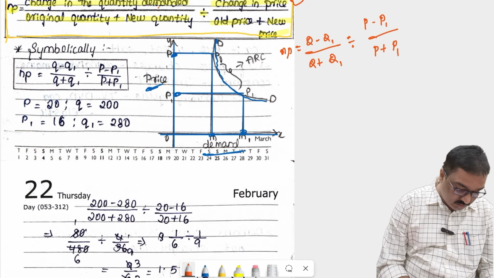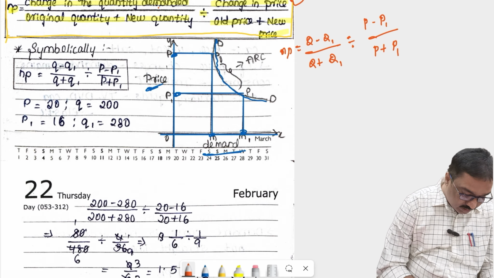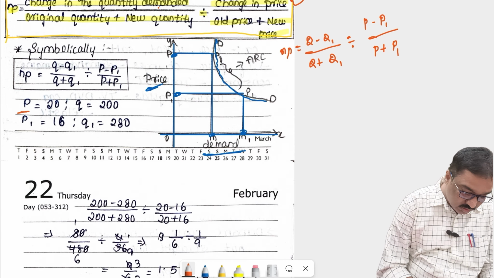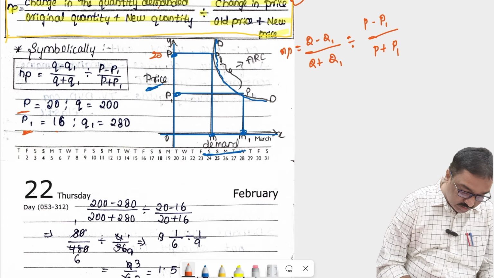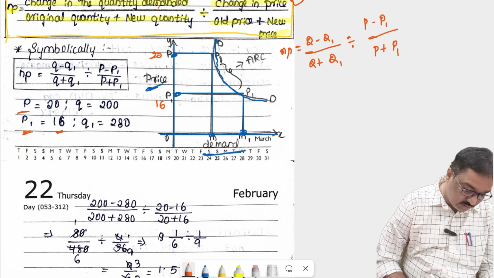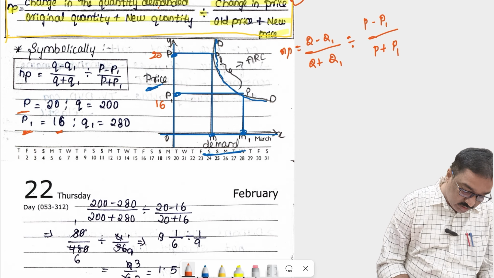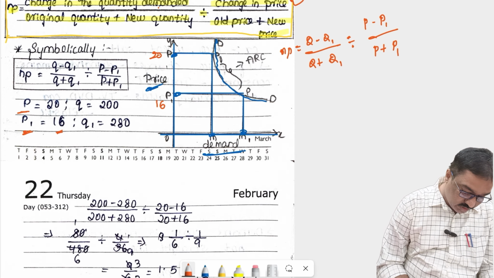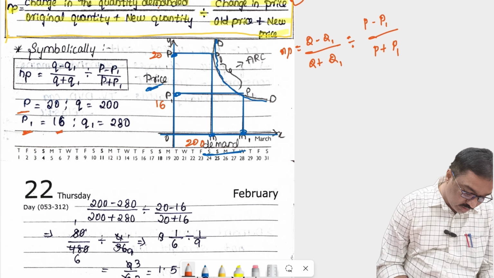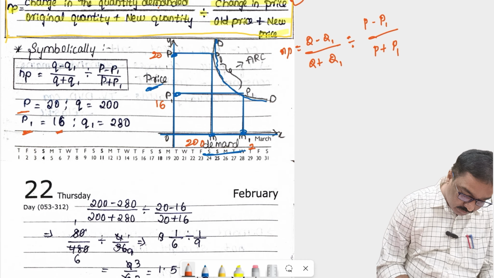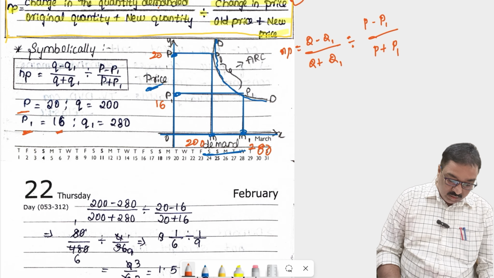Here I am showing P is equal to 20, P1 is equal to 16, Q is equal to 200 and Q1 is 280.